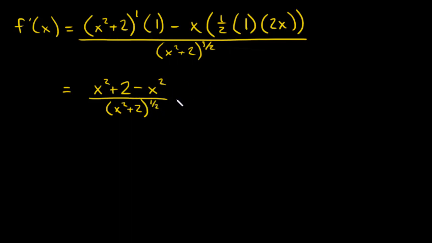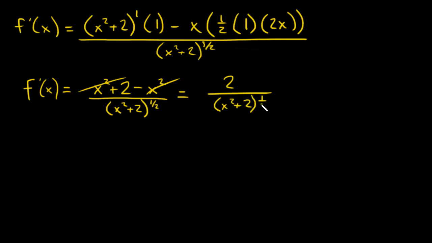Okay, so when the dust settles, I'm going to have x squared minus x squared, so they're going to be gone. So my f prime of x is going to equal 2 over x squared plus 2 to the 1/2 power. Okay? So now what do I do with this?